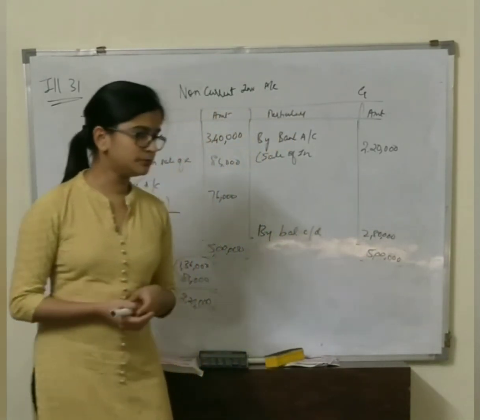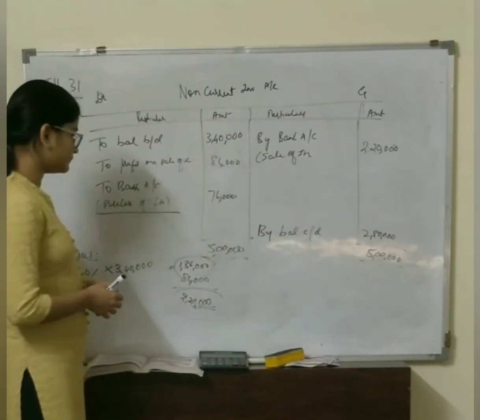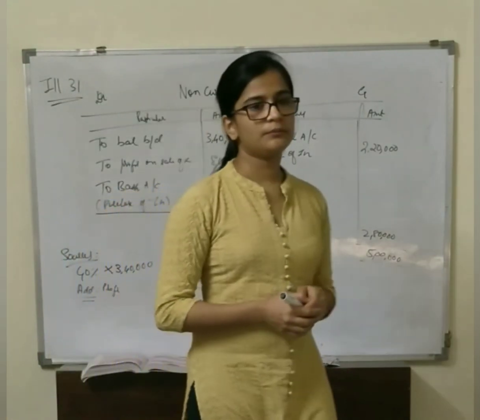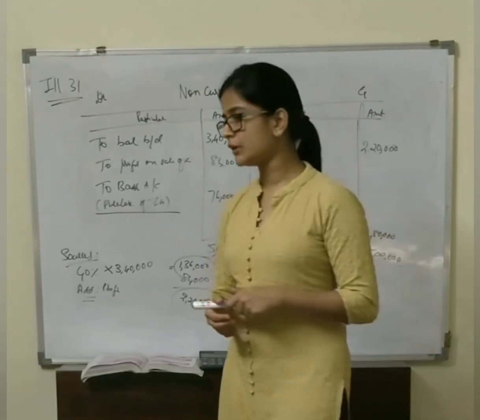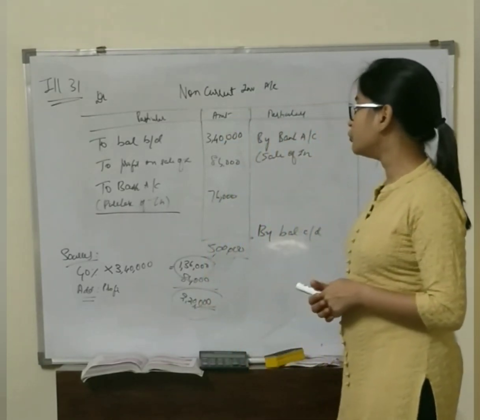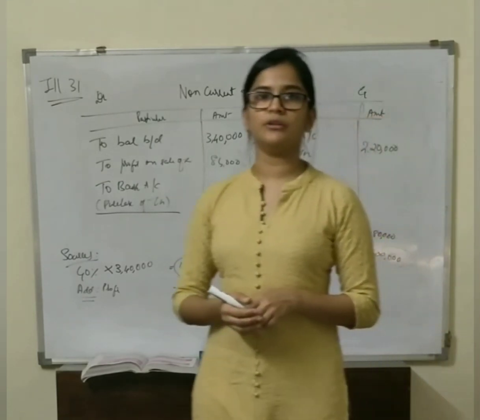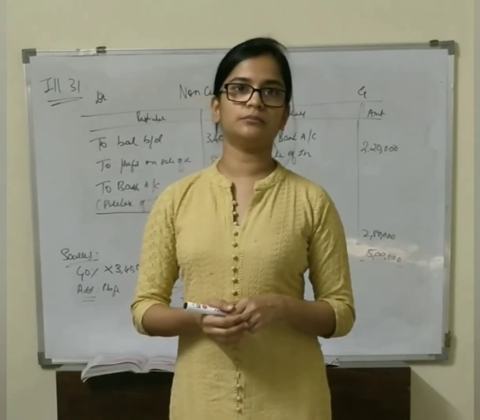So next line, write down. The sources of cash is rupees 2,20,000, in bracket sale of investment. Next line, the use of cash is rupees 76,000, in bracket purchase of investment.